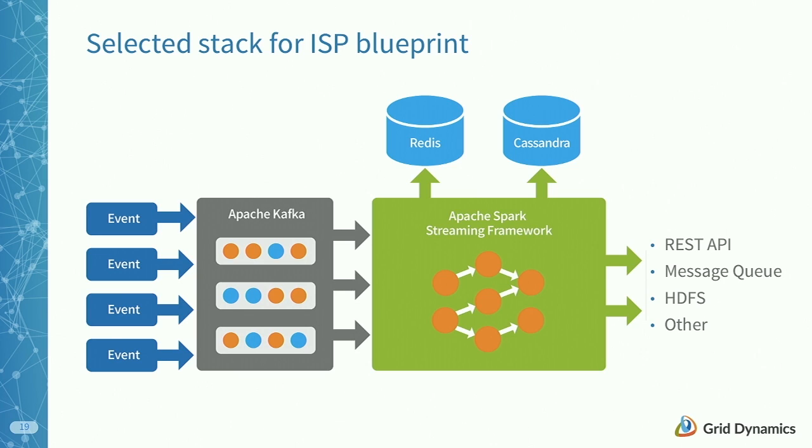Ours made some choices. That's the value of the blueprint, right? We made some choices. So for queuing, we use Kafka. For stream processing, we use Spark streaming. For lookup store, we use Redis. And for operational store, we use Cassandra.